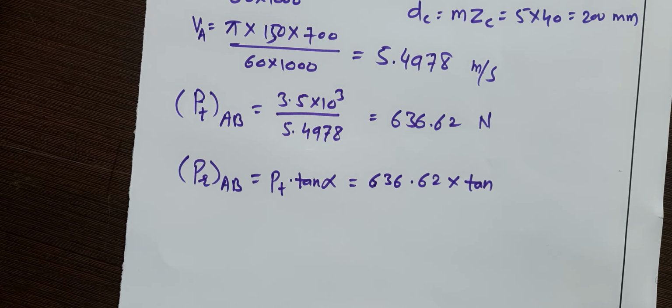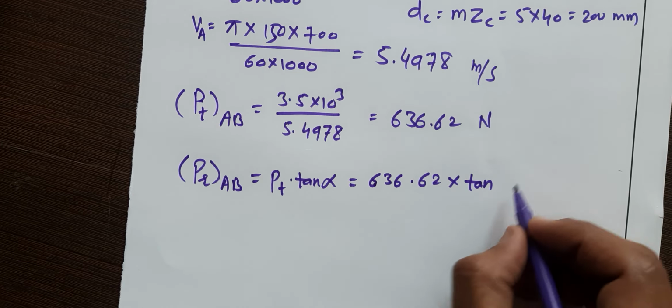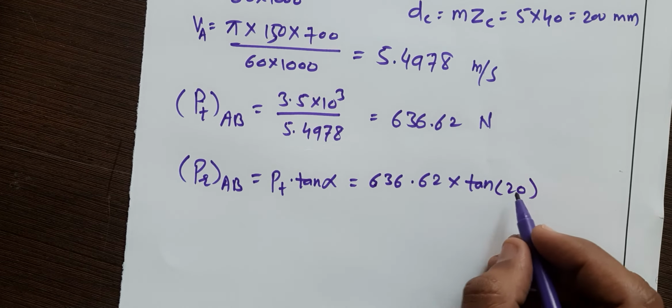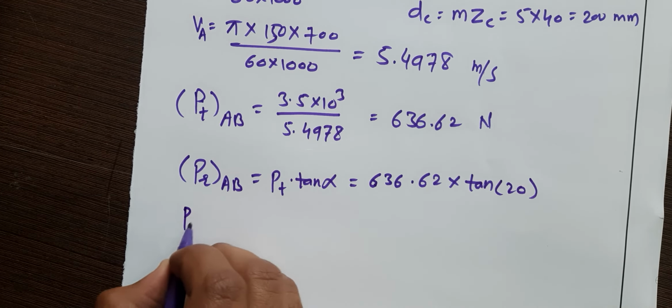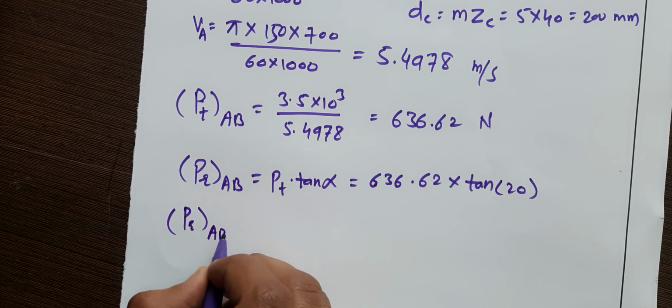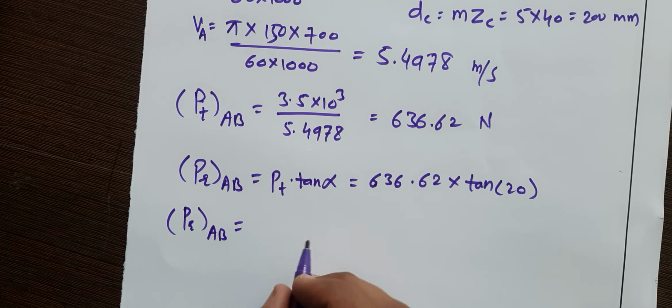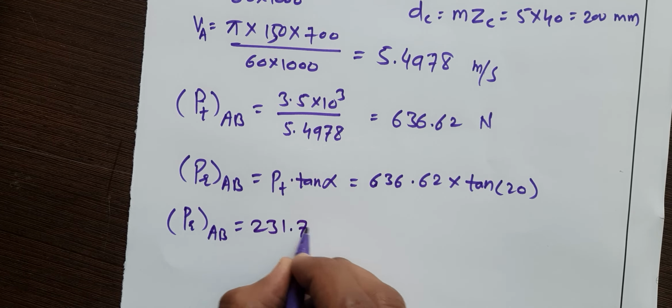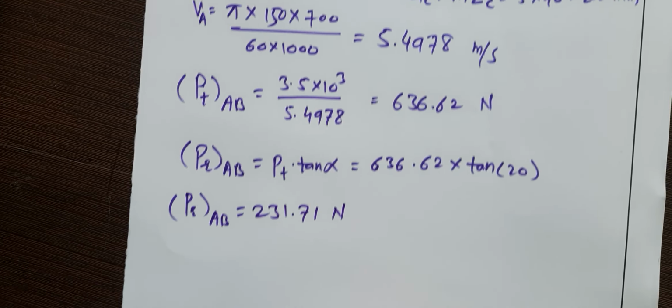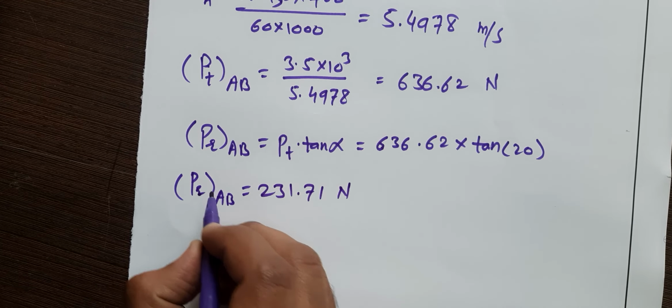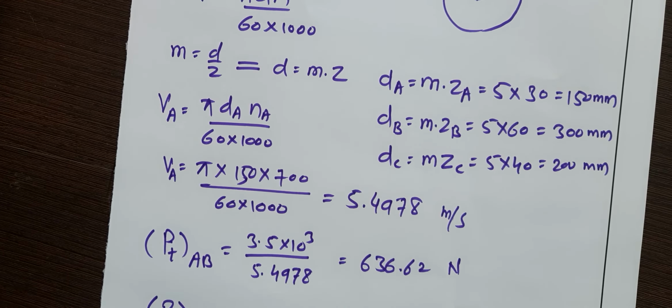So it means that alpha is 20 degree. So your PR of AB is equal to 231.71 Newton. So this is your PT and PR between A and B.